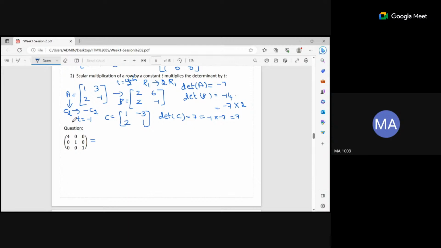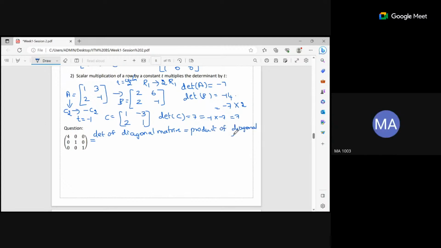We have already seen how to compute the determinant of a triangular matrix. So now can you say what is the determinant of a diagonal matrix? Diagonal entries multiplied. So the determinant of a diagonal matrix has the same property. What is the property? The determinant of a diagonal matrix is equal to the product of diagonal entries.